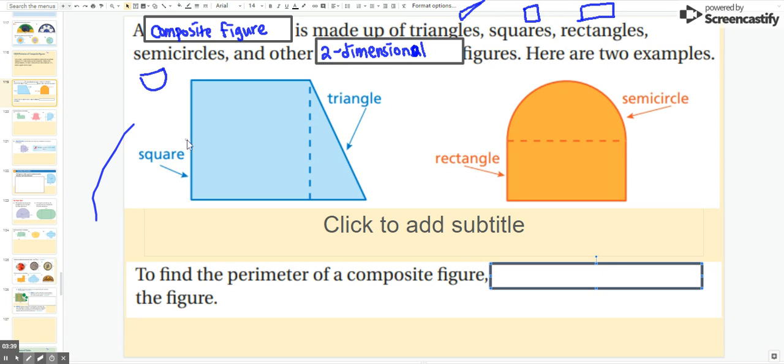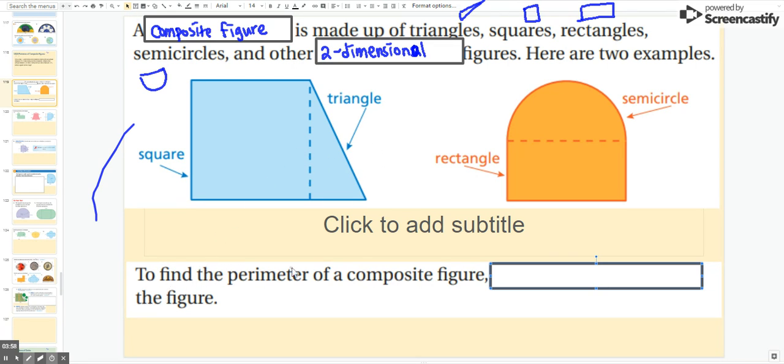Here are 2 examples. We have a square and triangle; those figures are very familiar. And we have a rectangle and semicircle. If you put them together, it's called a composite figure because it's hard to name those figures. So we just call them composite figure because it's complicated.